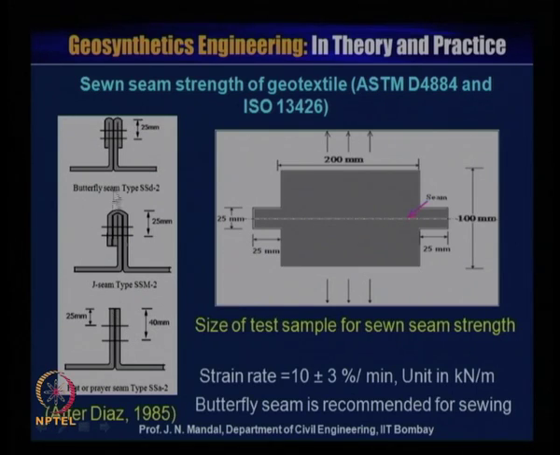You have to stitch properly, and use the proper kind of material for stitching, whether polypropylene, polyester or nylon. You have to provide a fiber element or thread of very good strength for stitching. In most cases it has been observed that the butterfly seam is recommended for stitching. Of course, nowadays you can also weld the non-woven geotextile material.